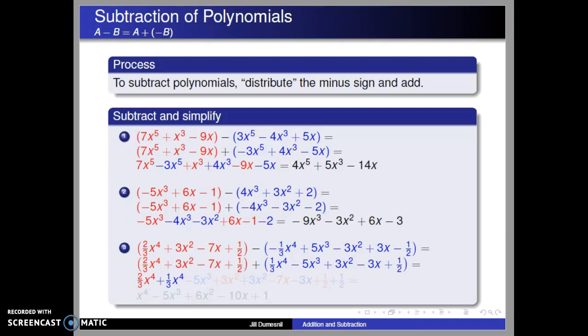So we have our x to the 4th terms, an x cubed term, x squared terms, linear terms, and our constant terms. Finally, we're going to collect like terms, and we get 1x to the 4th minus 5x cubed plus 6x squared minus 10x plus 1.